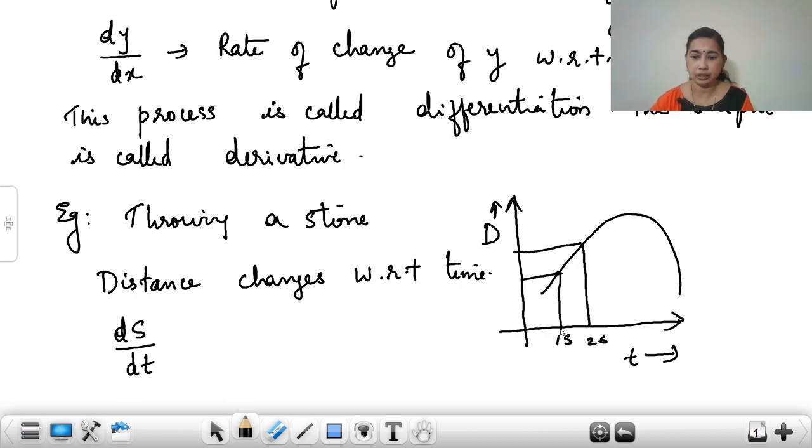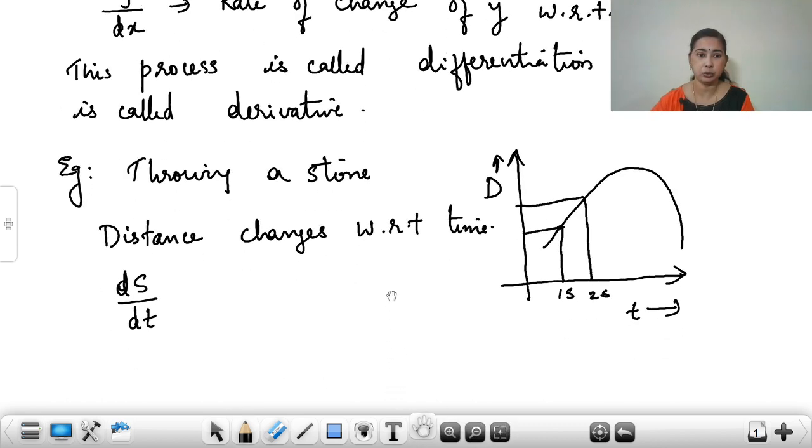When time is 1 second, distance is this much, and when time is 2 seconds, accordingly it is changing. So distance changes with respect to time, that we denote as ds by dt. So actually that is called differentiation. That is the rate of change of y with respect to x, or distance with respect to time. Okay, now how to represent the derivative.